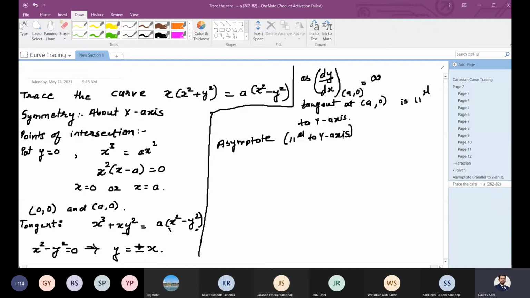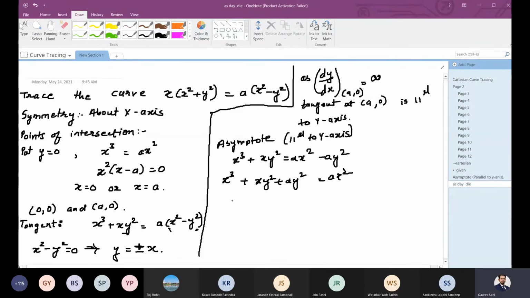Highest power of y. What is the highest power of y? Which is y square. We will have to collect the coefficients. So x cube plus x into y square is equal to a into x square minus a into y square. Let's take this to the other side: x cube plus xy square plus ay square is equal to ax square.